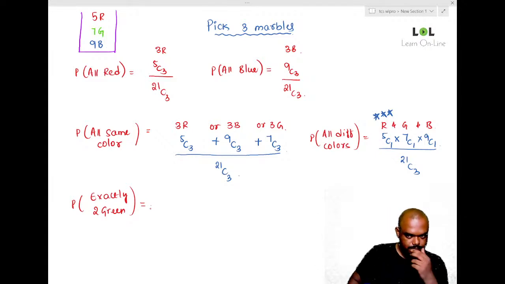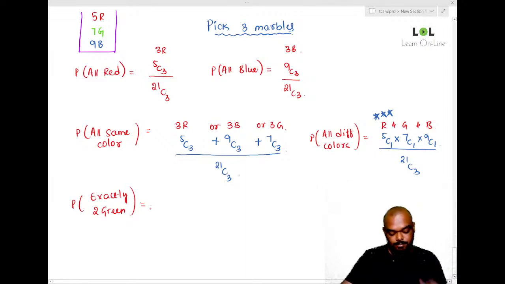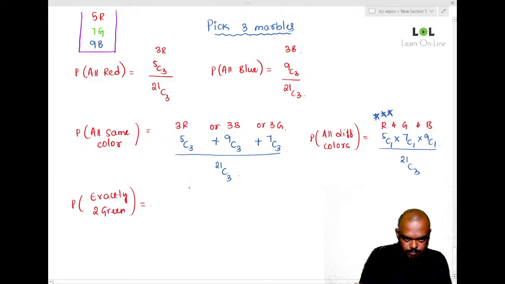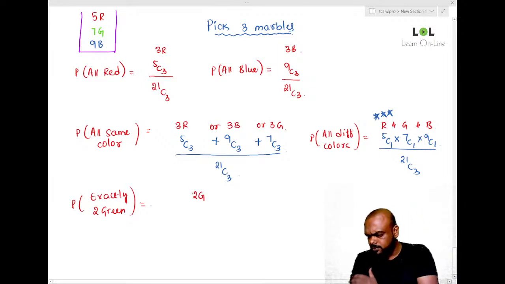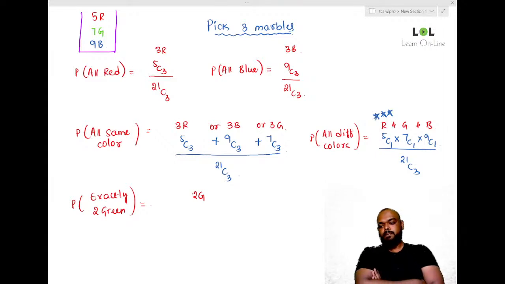Exactly 2 green, I'm asking. Totally, we need to pick, yes Manohar, you need to pick 3 for sure. But you need only 2.